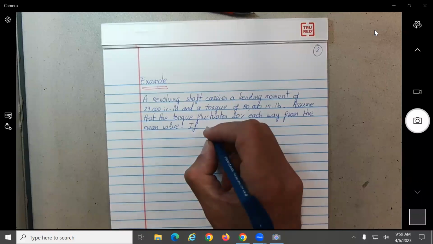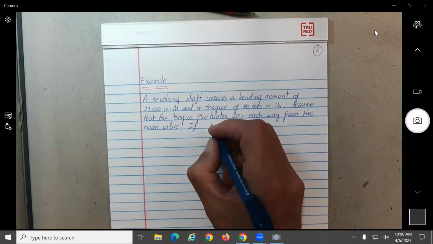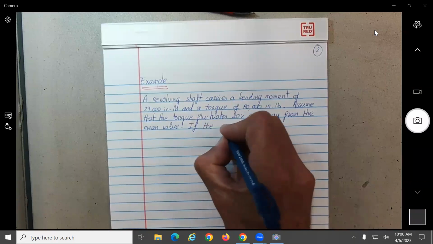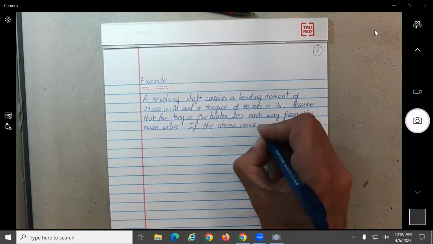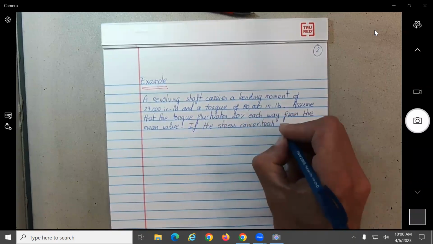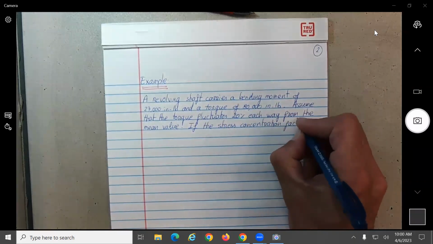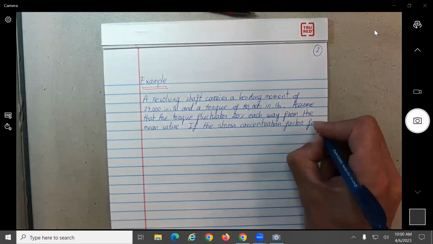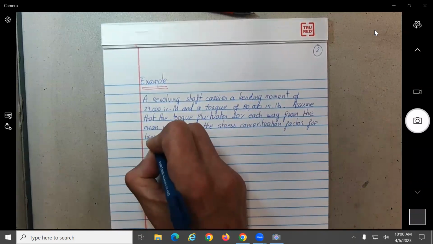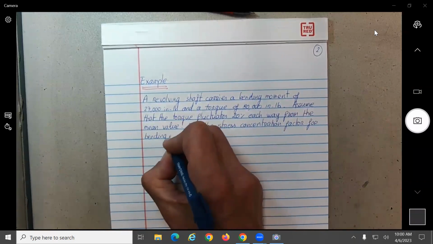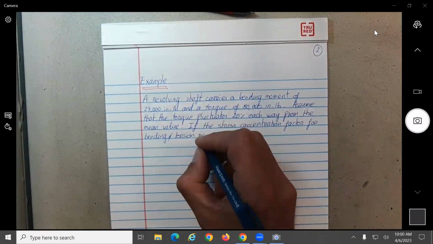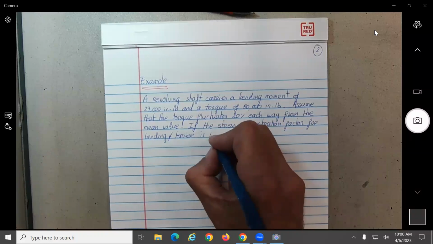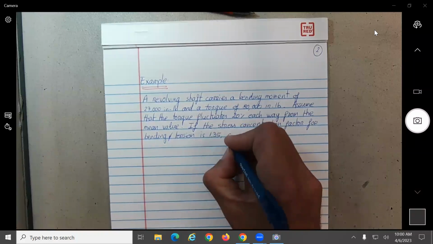If the stress concentration factor for bending and torsion is 1.35.